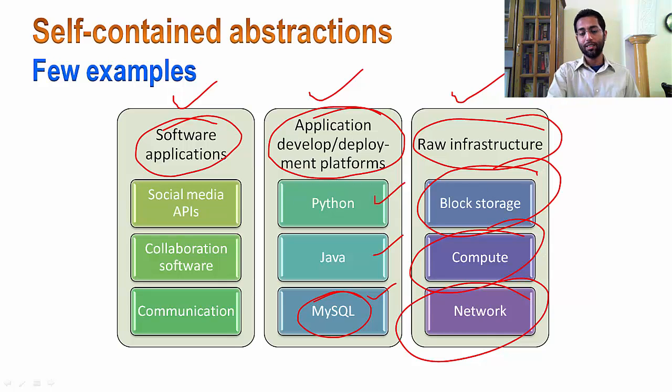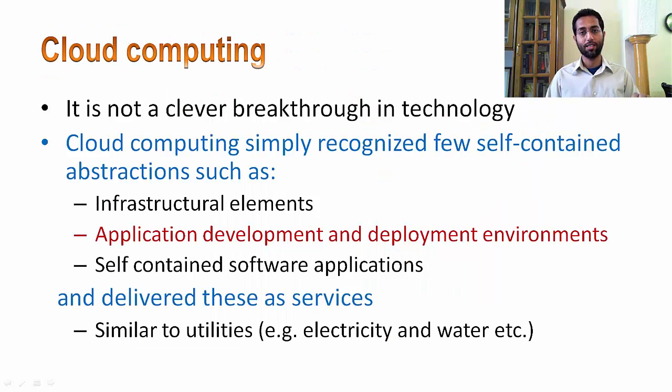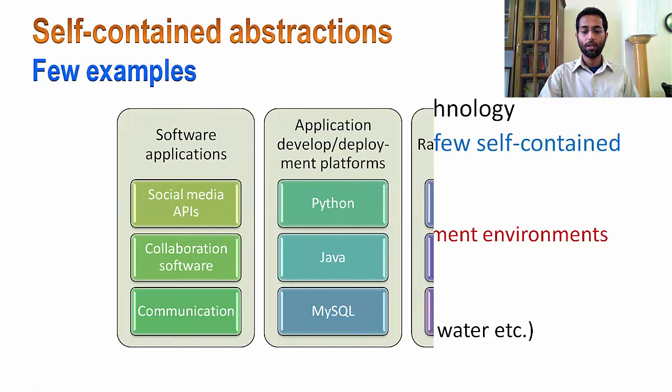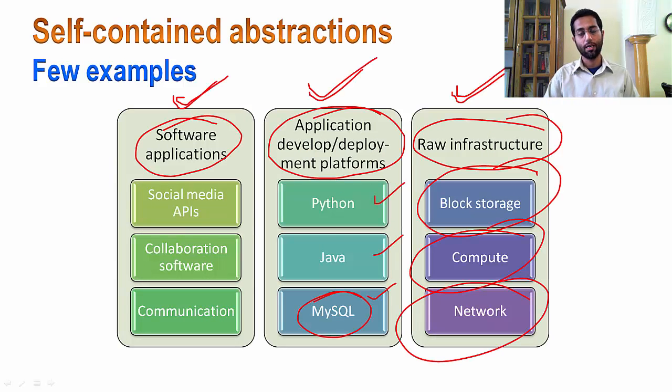So these are the three major abstractions that I have talked about: raw infrastructure, application development and deployment platforms, and the applications themselves. What cloud computing does is realize the existence of these three abstractions.